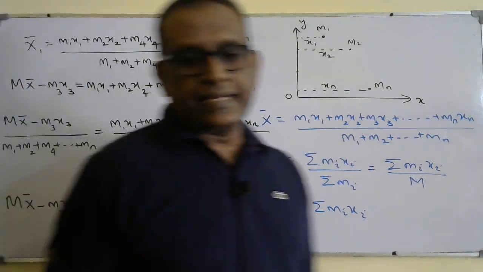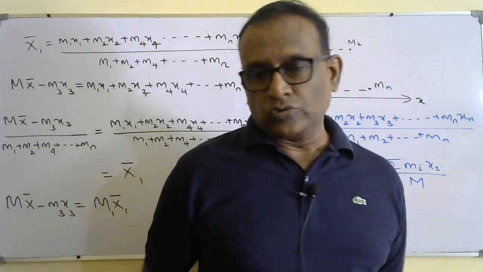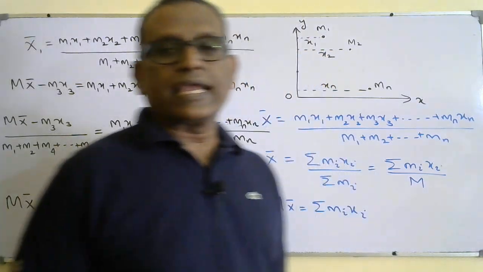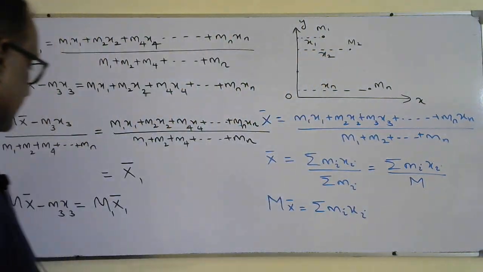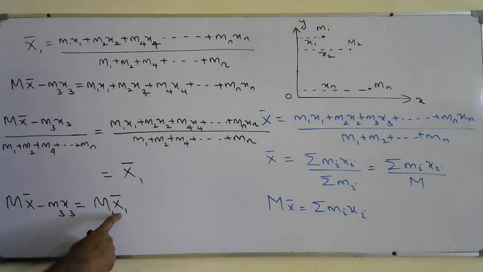We can use this idea whenever a portion is removed from a system of particles. We can relate the new center of mass, x1 bar, and m1, the total mass remaining after the particle m3 is removed.